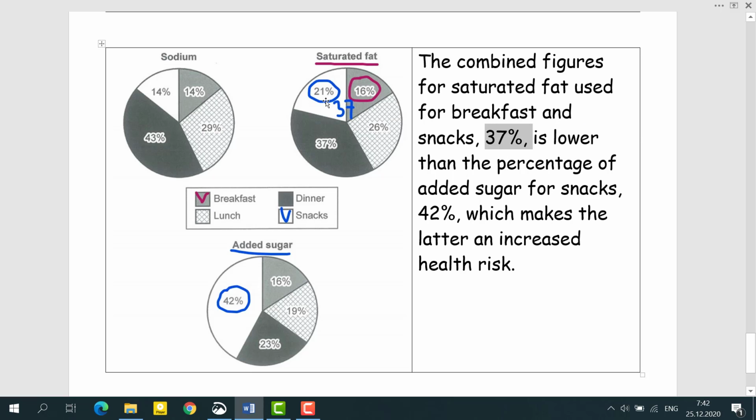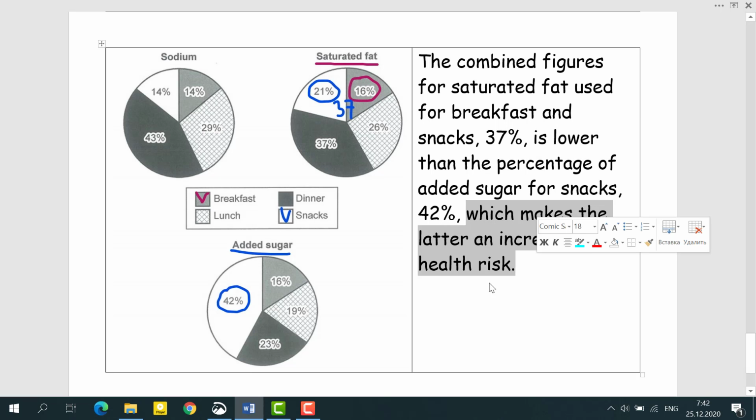So the idea is you have to add up both of these numbers. 21% plus 16% is 37%. Is lower than the percentage of added sugar for snacks, 42%. If you look at this carefully, 37% is lower than the percentage given here, at 42%.